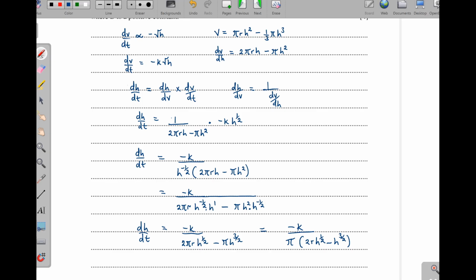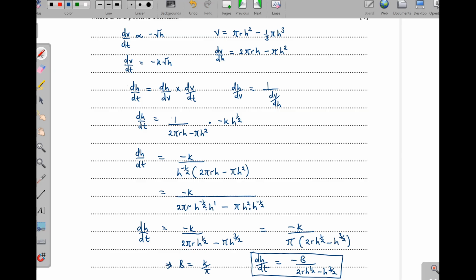Therefore dh/dt is going to be negative b out of 2r h power half minus h power 3 over 2. Then someone will ask, where has this one gone? b shall be equal to k over pi, because the negative is still there. So here, I will say b is equal to k over pi.